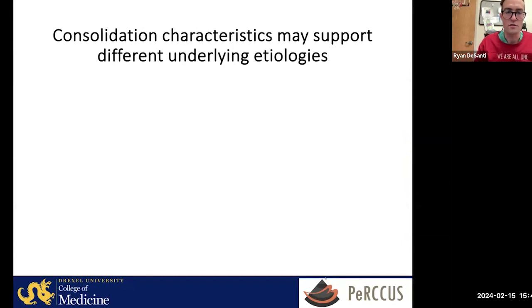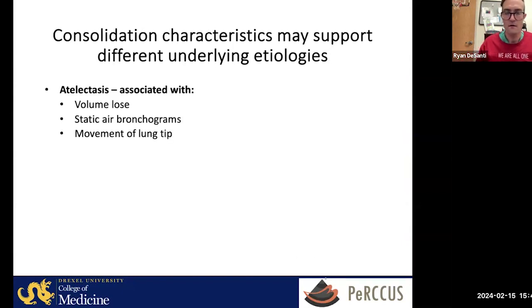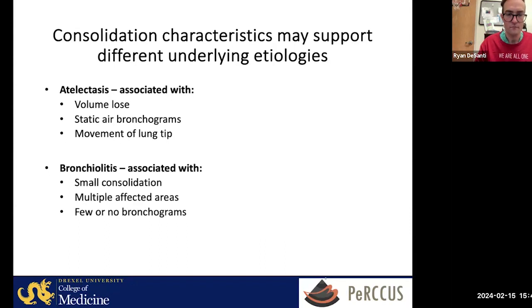And so just in summary, consolidation characteristics may support different underlying etiologies. Typically, atelectasis would be associated with volume loss, static air bronchograms, and movement of the lung tip, especially if there's an effusion.